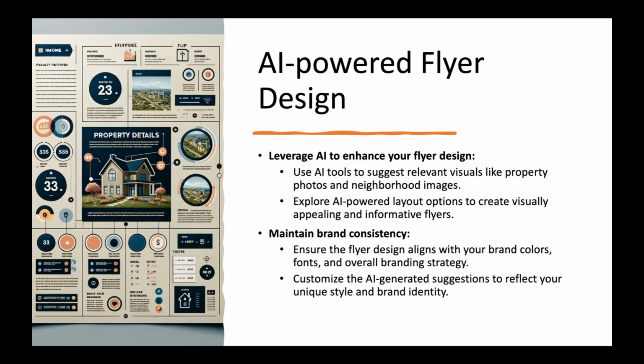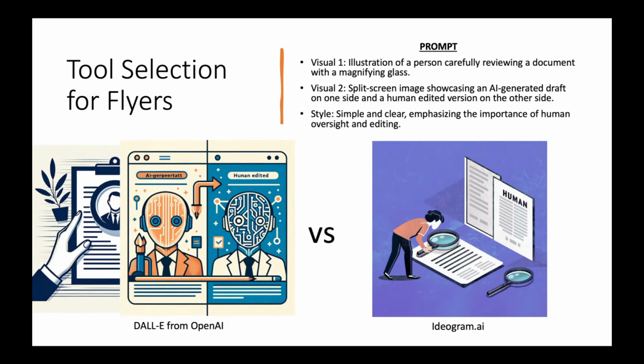You can be clear about what fonts to use, what type of colors to use, and what type of text to use. And we'll look at some other options to show you some things to be aware of when you are looking at different tools to use for your flyer designs.